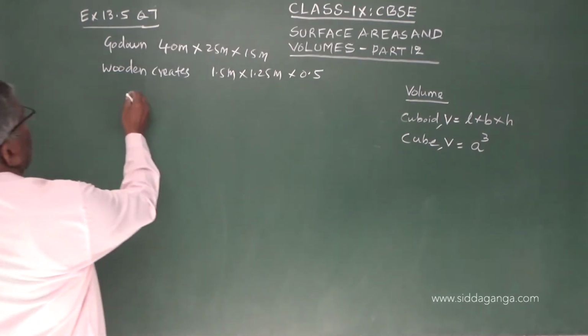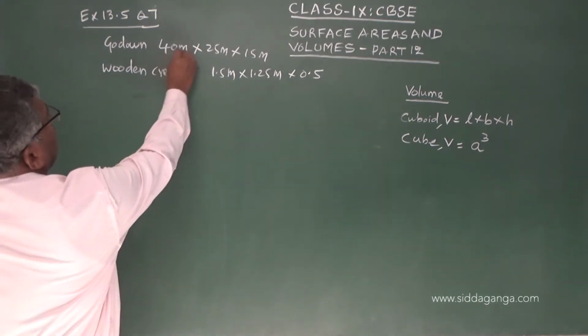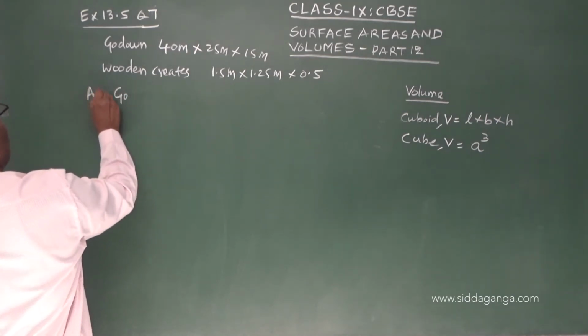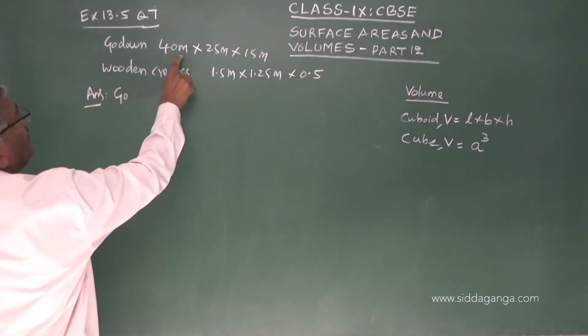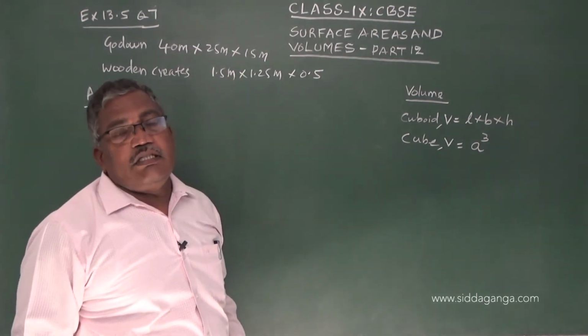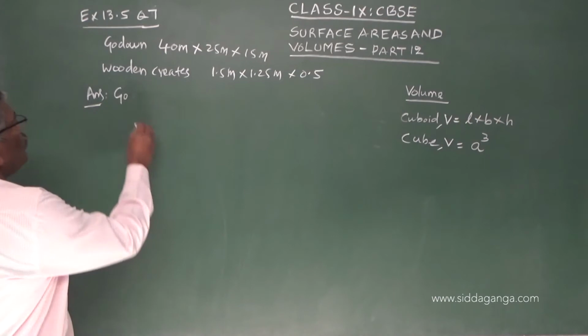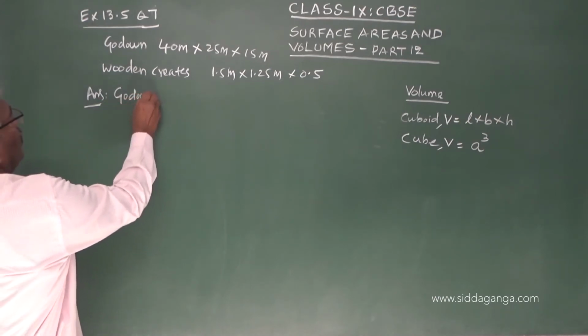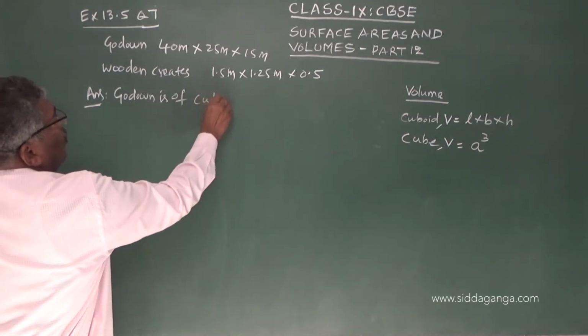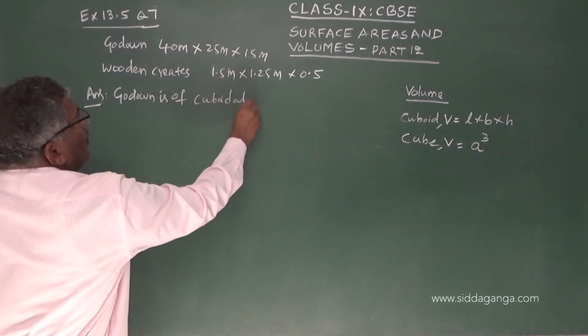So see, go down answer. You can see the measurement 40 meter by 15 meter by 25 meter. So it is a cuboidal shape. Go down is of cuboidal shape.